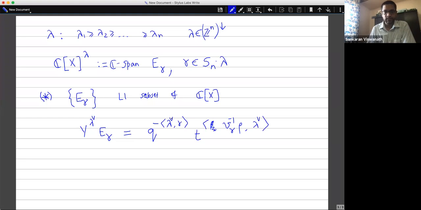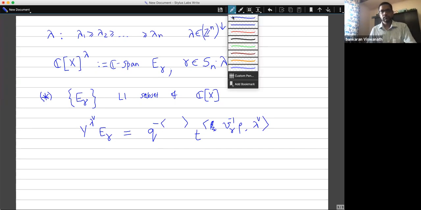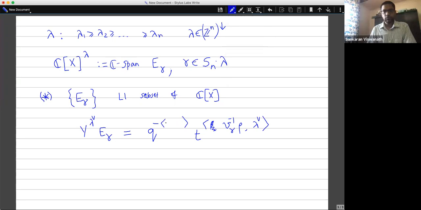I should have written the lambda check on the same side, sorry. So think of it as a function of lambda check. The eigenvalues, you should think of it really as this function.